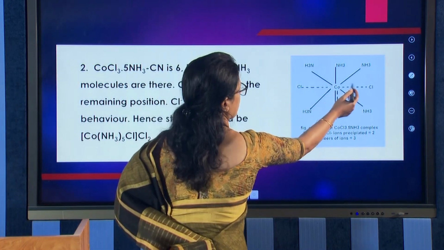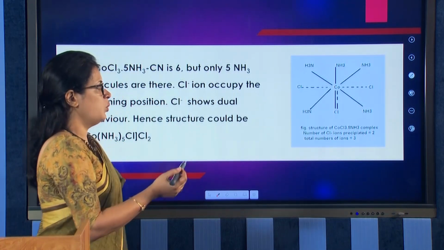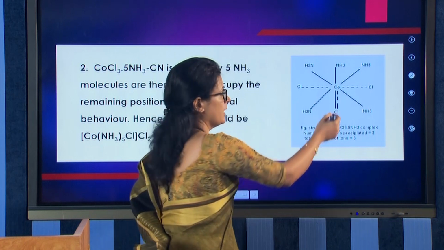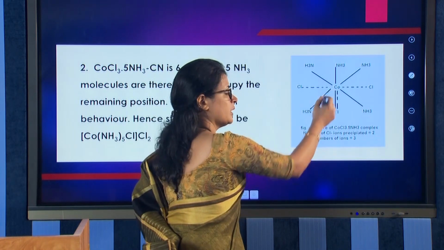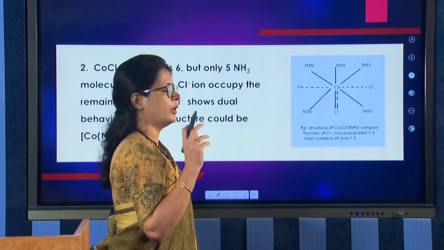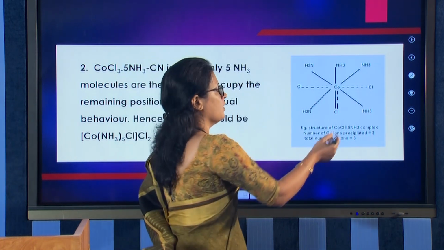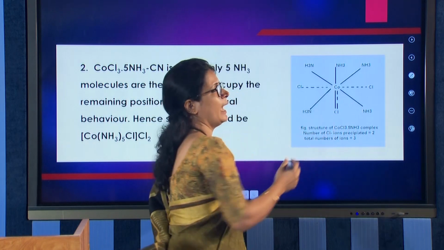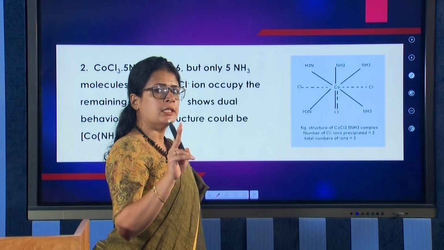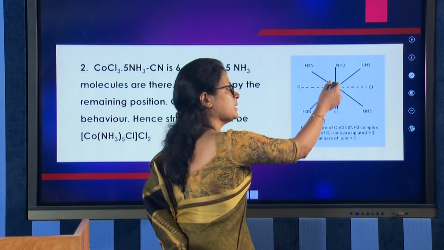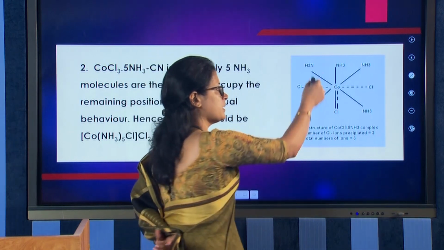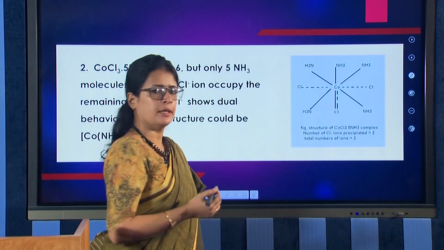So, they are represented as dotted lines, but 1 chloride ion, you can see, has both a solid line and a dotted line with it, because this chloride ion has a dual nature. What is dual nature? Two natures at a time, that is, it is acting as a primary valency as well as a secondary valency. That is why a solid line and a dotted line are there.